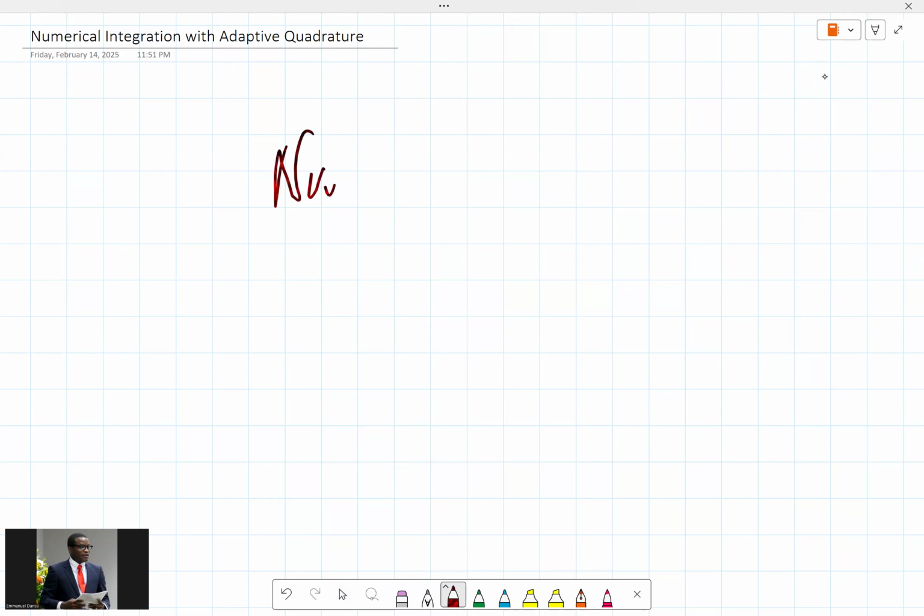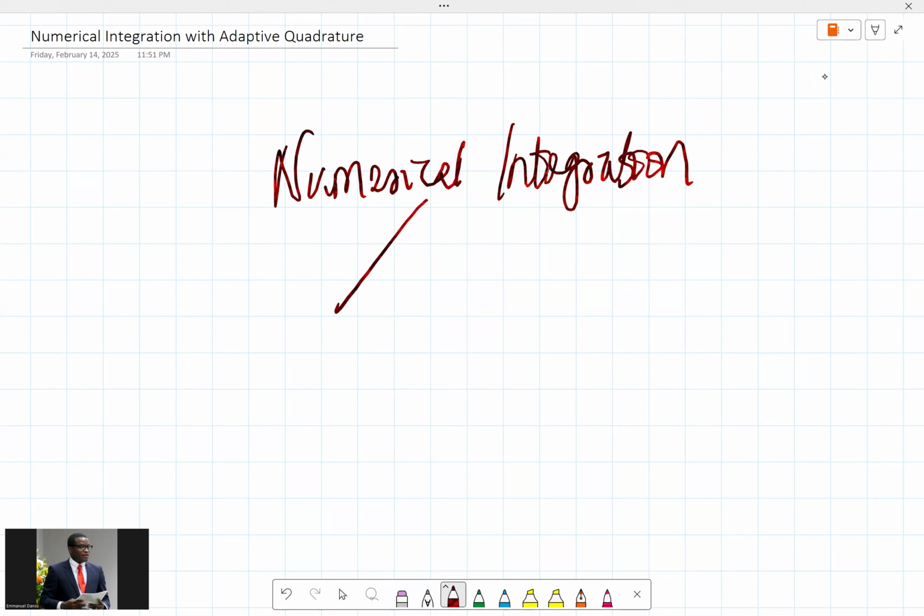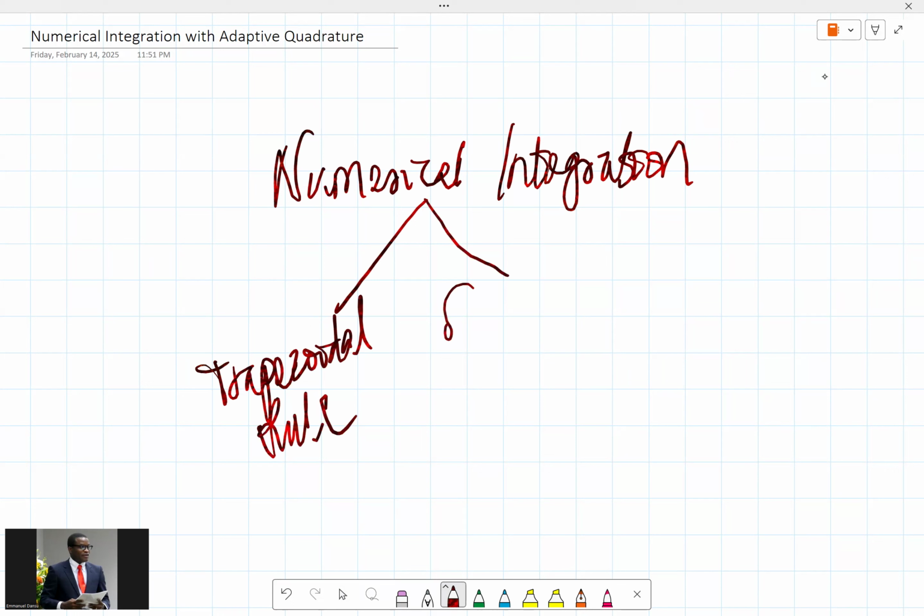I'm talking about numerical integration again. In the last two videos, we talked about some part of this already. We've seen the trapezoidal rule, and then we saw a better method than trapezoidal, which is Simpson's rule.